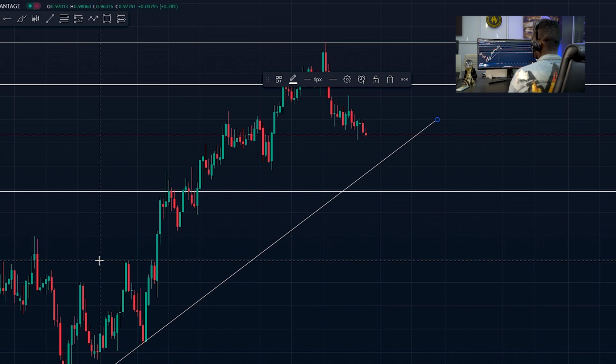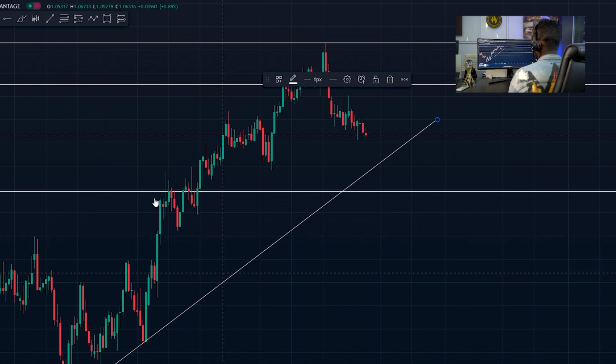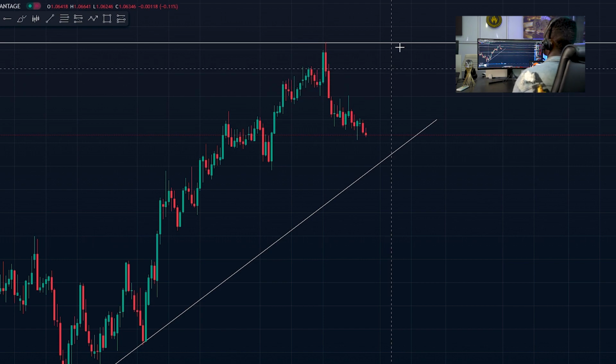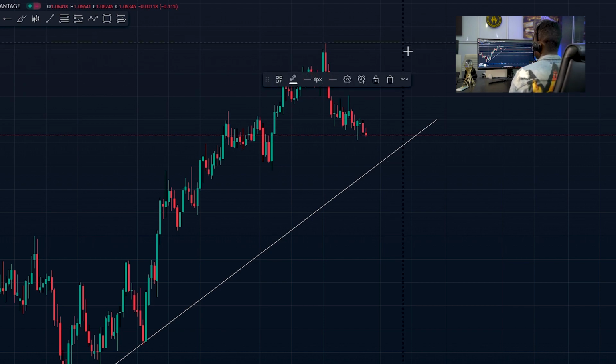Now for this uptrend market, let me delete these ones that we used for the downtrend market. So this is the current market condition.